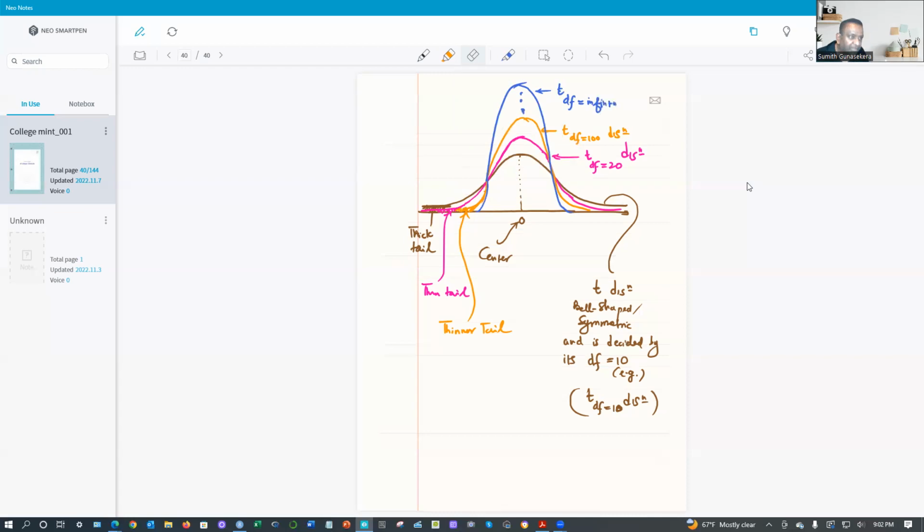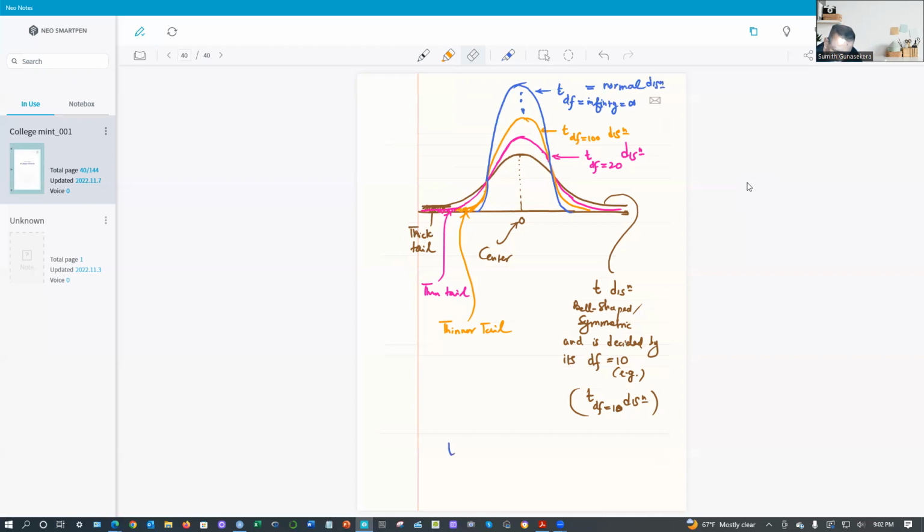Then what do we call this one? We call it the Z distribution, the normal distribution.